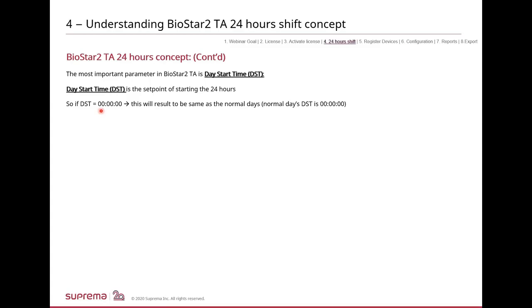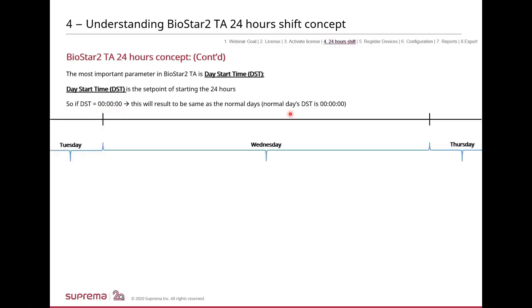So if day start time is set up in BioStar 2 to 000000, which means it is 12 a.m., this means it is going to be exactly with the days, which means if today is Wednesday, yesterday was Tuesday, tomorrow is Thursday. How do we define the starting and ending of each day?